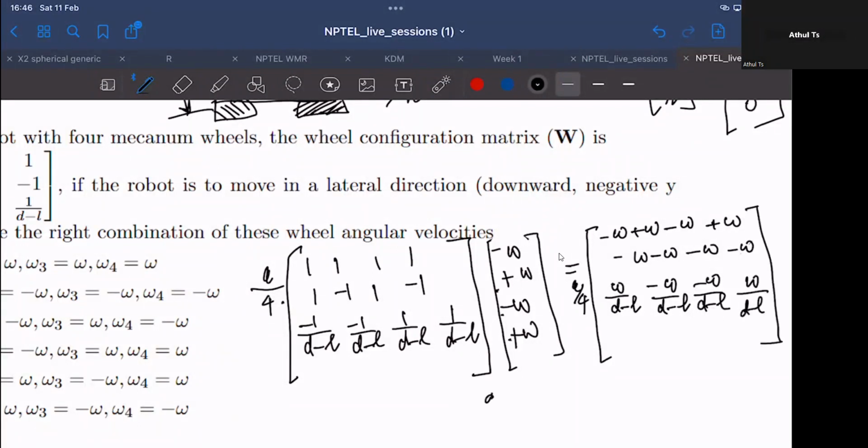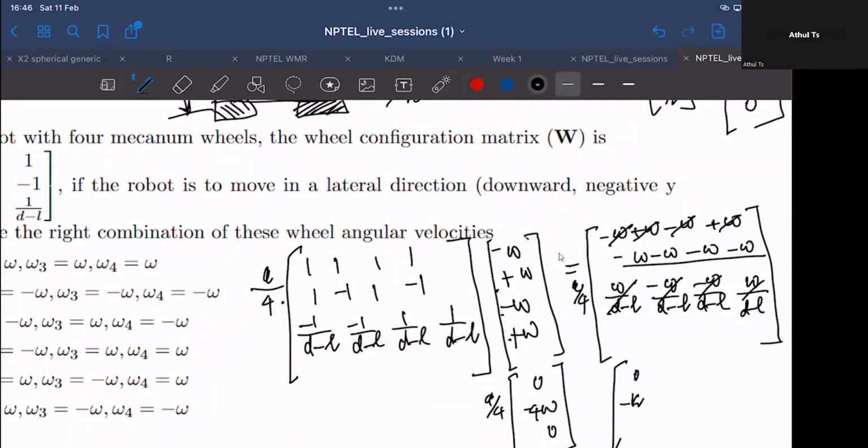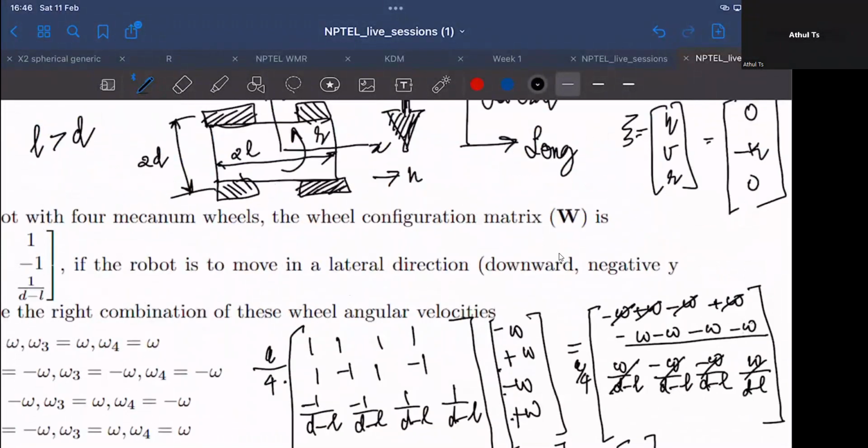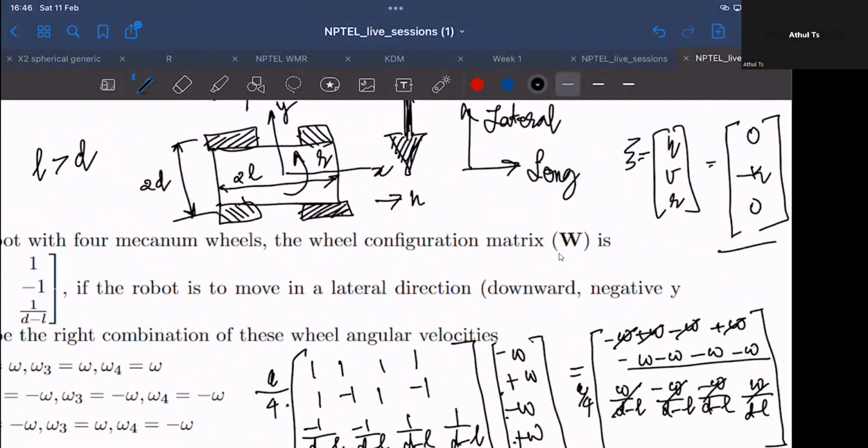So on simplifying, these would all get cancelled. We will get minus 4 omega on the second row, and the third row would also be 0. So this is similar to 0, a constant in the negative axis, and 0. And as per our requirement, this is what we wanted.